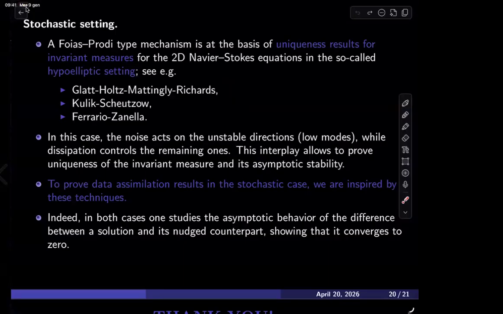The idea is that to prove uniqueness of the invariant measure, it is enough for the noise to act on a sufficiently large number of directions, because it is enough to stabilize this unstable manifold, and then the dissipation of the Laplacian allows you to prove the convergence when time goes to infinity.